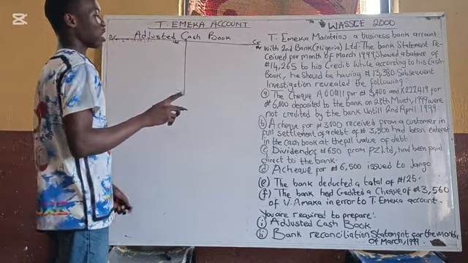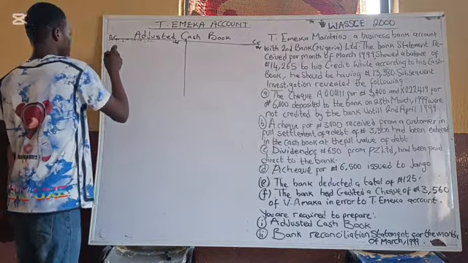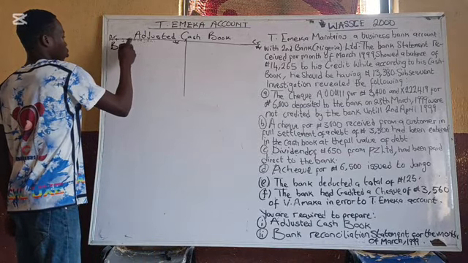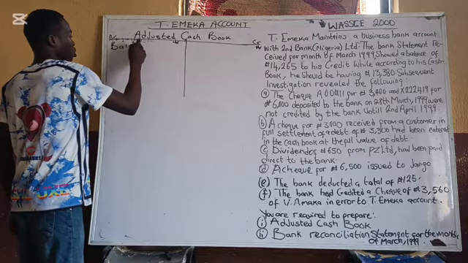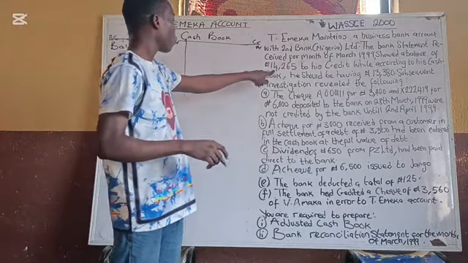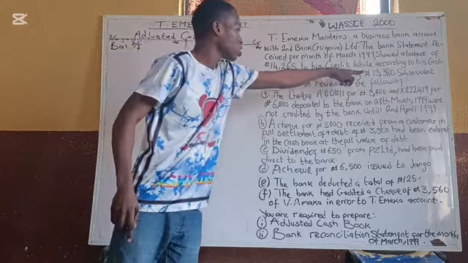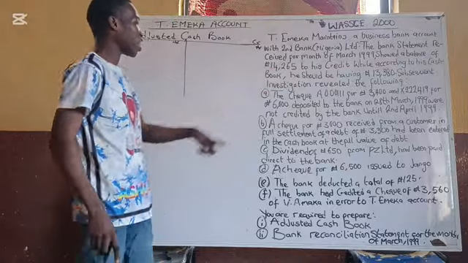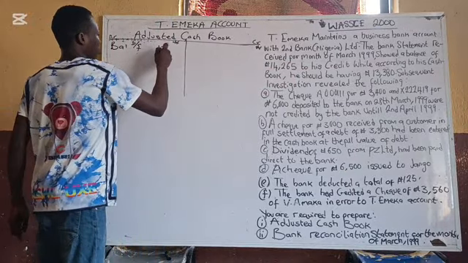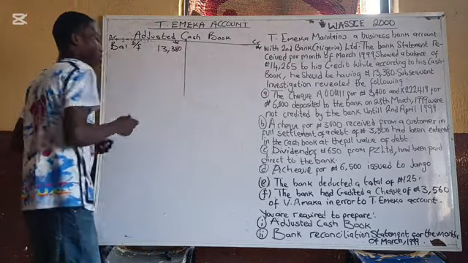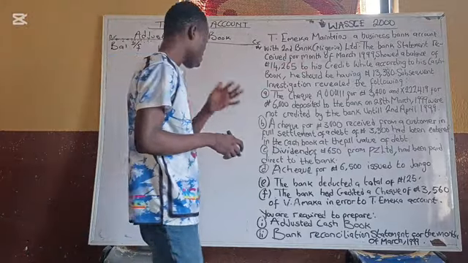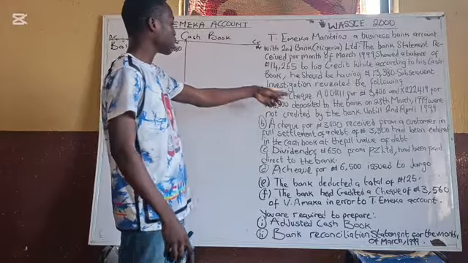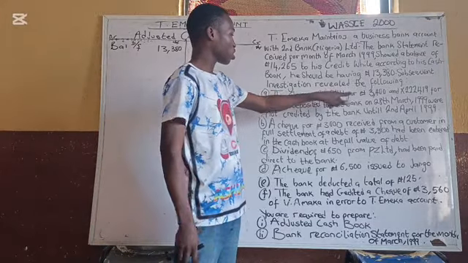So the first thing is to write the balance. We are given the balance brought forward of what? 13,380. You can read it. The cash book balance should be 13,380.